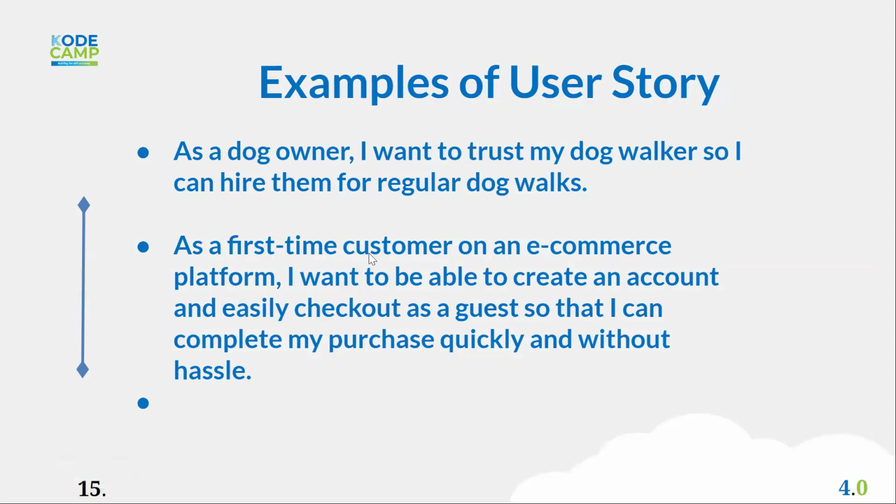As a first-time customer on an e-commerce platform, that's the type of user, I want to be able to create an account and easily check out as a guest, that's the action, so that I can complete my purchase quickly and without hassle. So this action here is wanting to create an account and easily check out. His benefit is that he can purchase quickly without hassle.